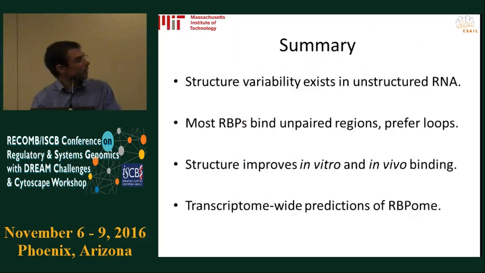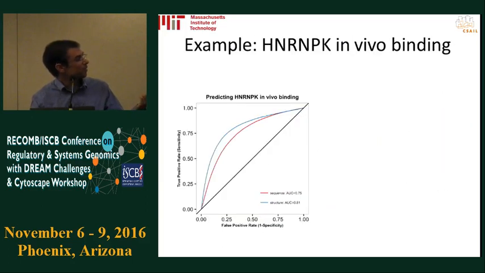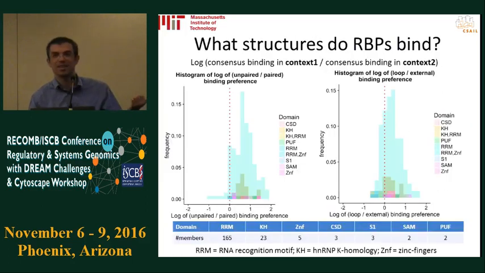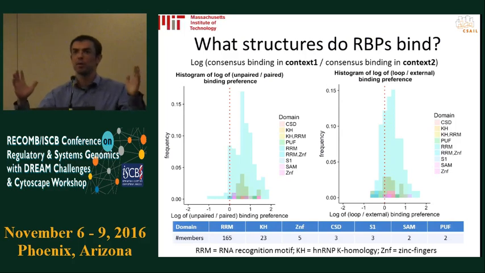Well, yeah, there were a few exceptions in the plot that I've shown here, right? Binding to paired regions, and I don't have another validation set. Maybe if I compare to RNA Bind-n-Seq for the same proteins, I could validate that. That would be a good validation to see if there really are a few exceptions. I know that there is the example of Staufen, which binds paired regions, but we don't have that in this data set.